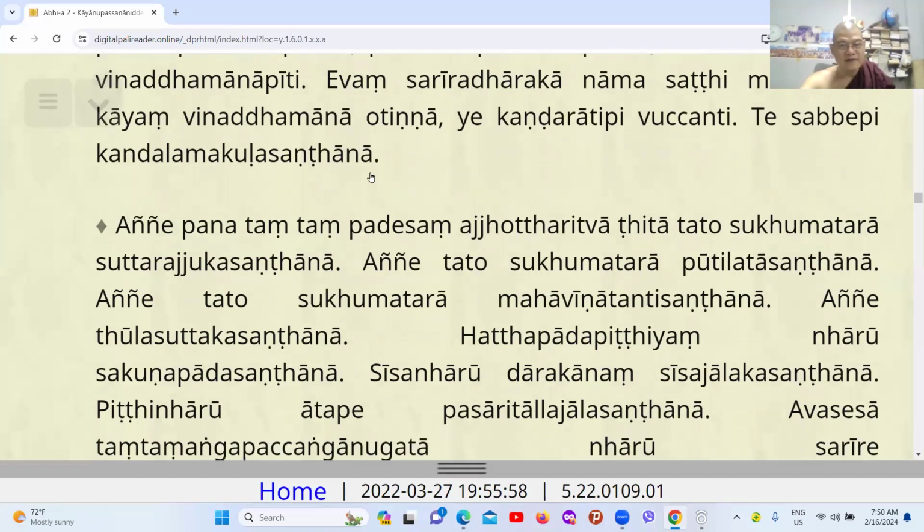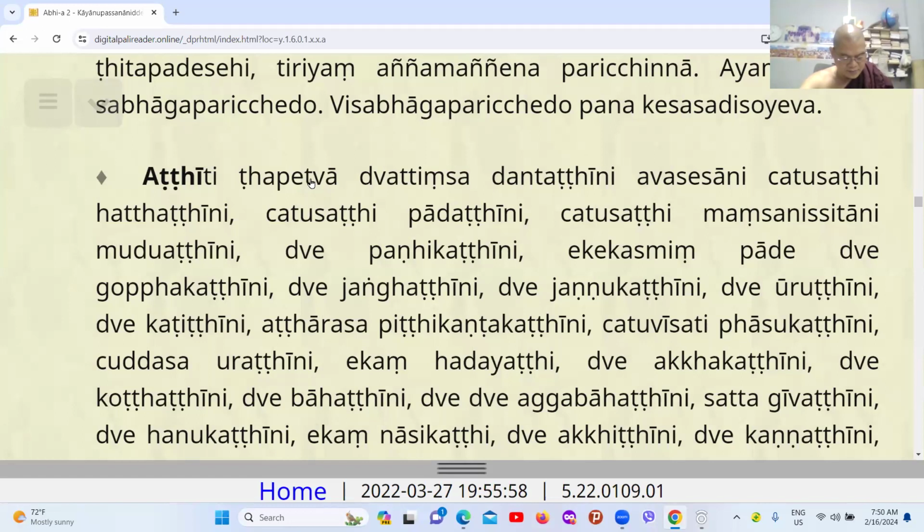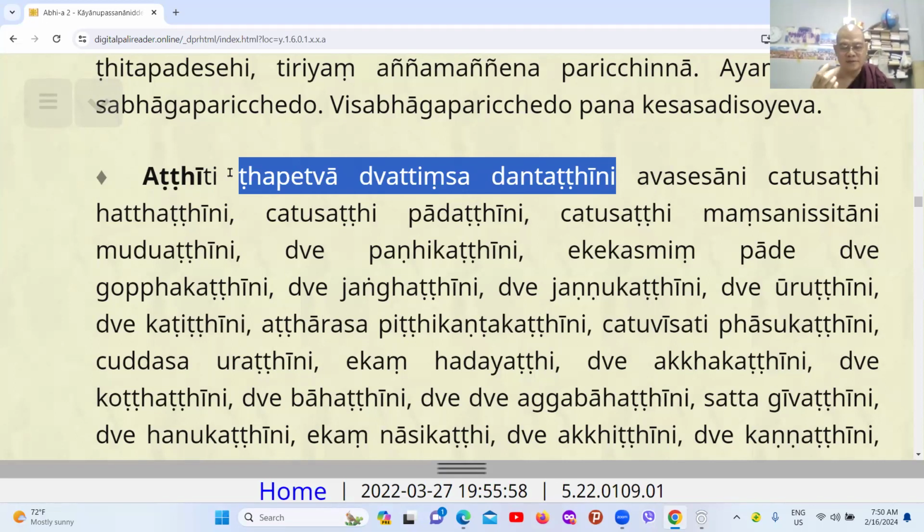Naru, the ati, the bones. We have many bones here. Apart from 32 teeth bone, Jidu sati hata tini, 84 hand bones. I don't know how to get 84 here, so you have to make research by yourself.